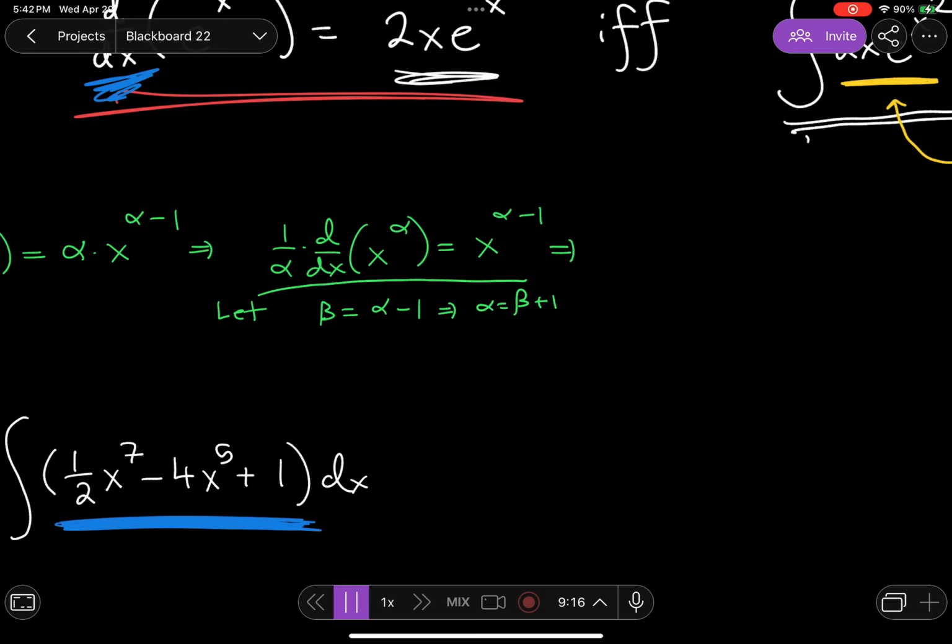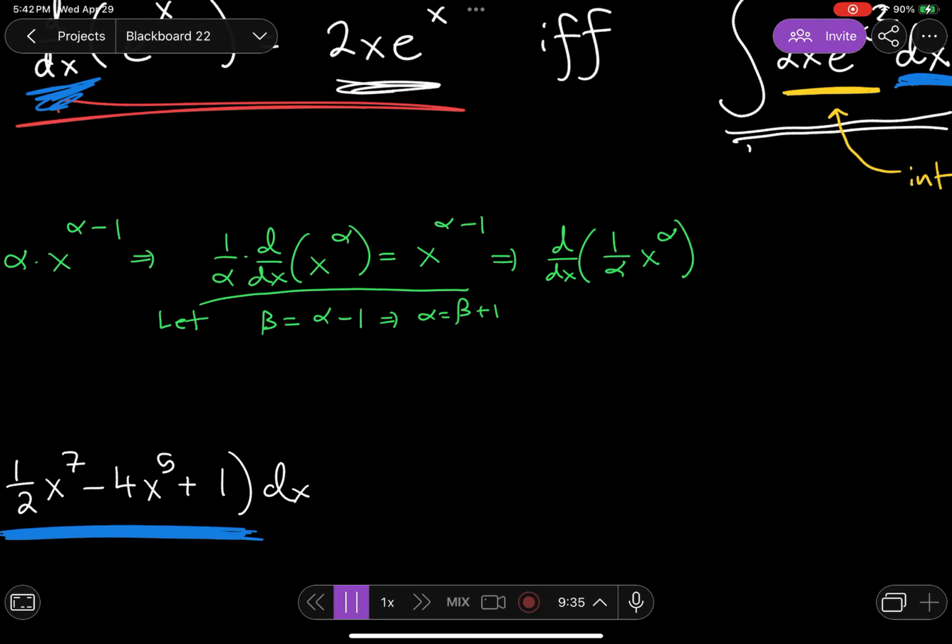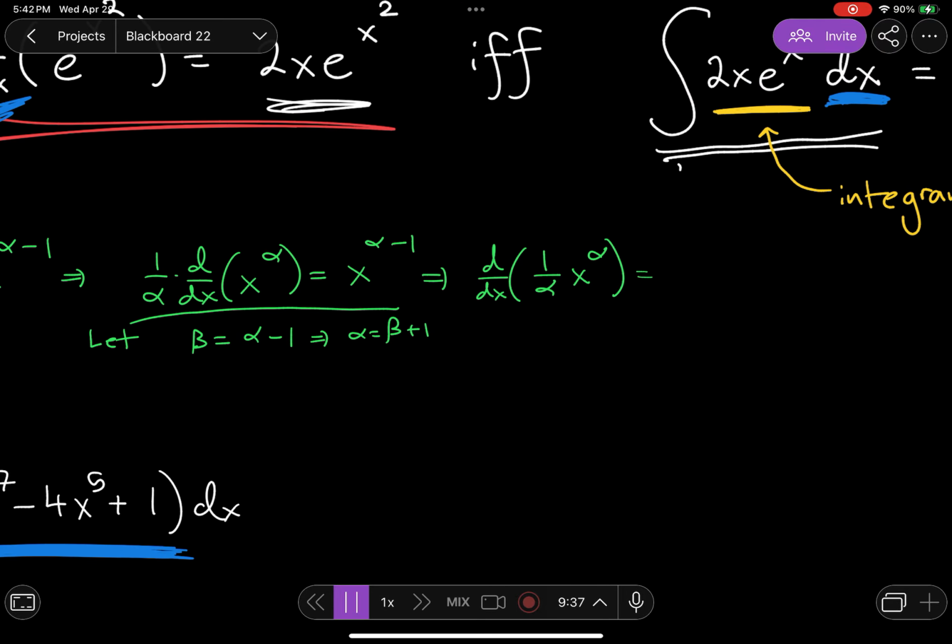Well, first of all, I know something about differentiation. This 1 over alpha can scoot inside the derivative operator, and that will imply that the derivative with respect to x of 1 over alpha, x to the alpha, is equal to x to the alpha minus 1. But now I'm going to use this change of constants here.